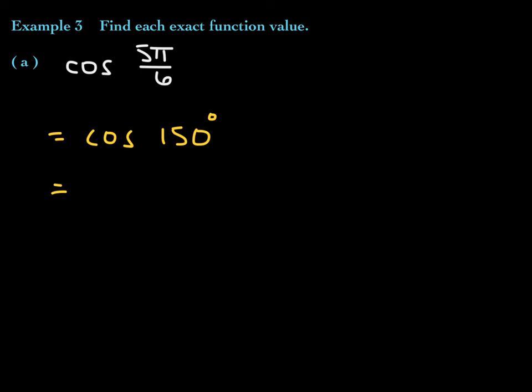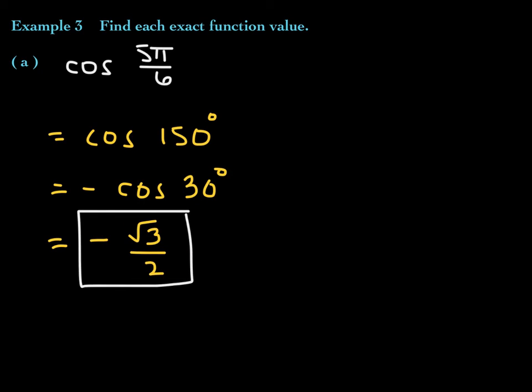So it's going to be the opposite of cosine of 30 degrees. The reason why I have opposite is because this angle here, 5 pi over 6, is in quadrant 2 and cosine is negative in quadrant 2. We all know, hopefully, that cosine of 30 degrees is root 3 over 2. So our final answer is negative root 3 over 2. That's what cosine of 5 pi over 6 is. All right, let's do another one.